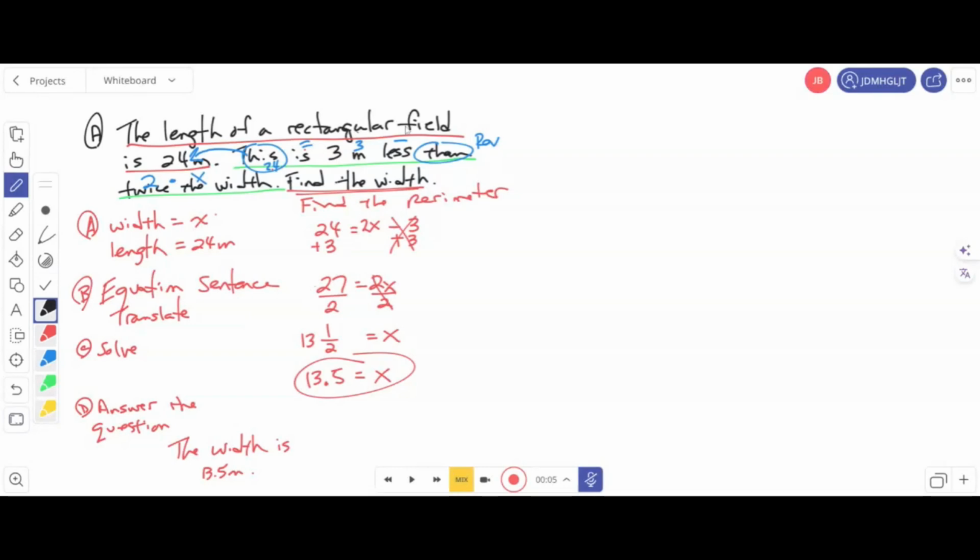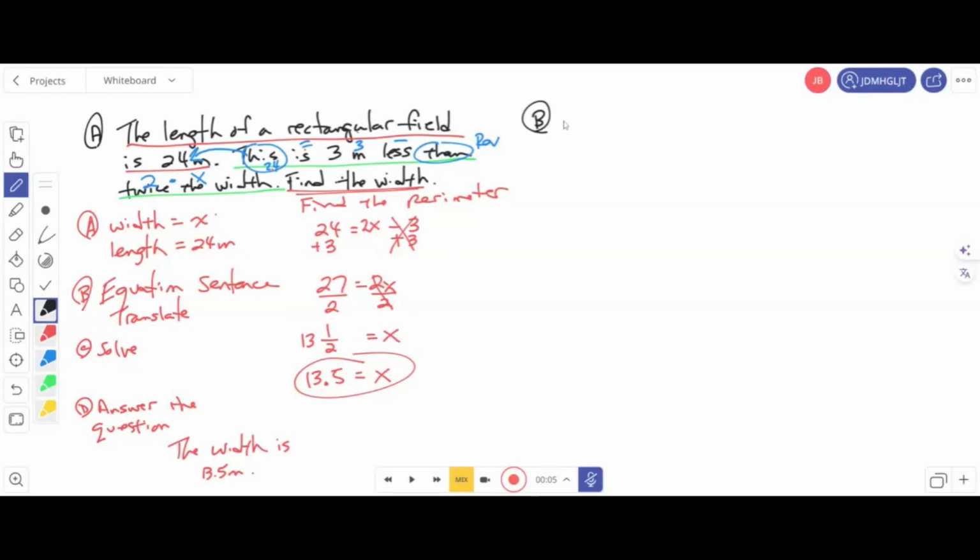Because that's one of the things they will do on the GED to make sure you're paying attention. You're going to do all this work and get the correct number that you're supposed to get, but it's not going to be the answer to the question because you didn't go back and make sure that what you got is what the answer to the question is.